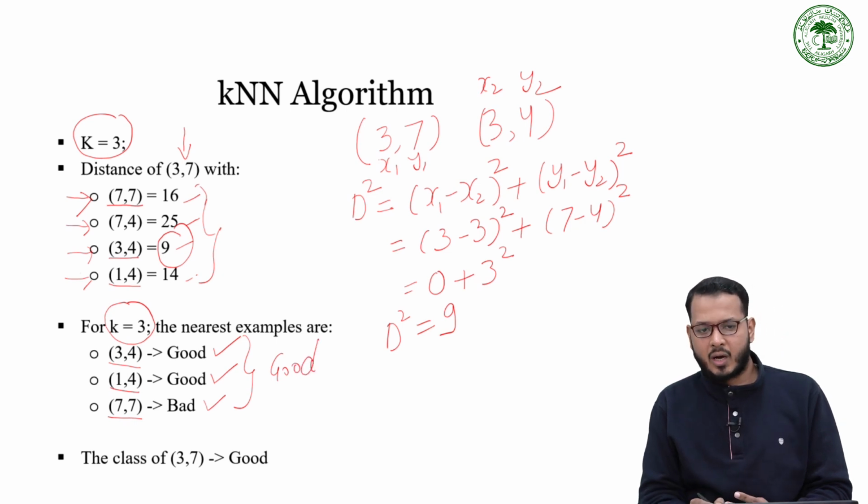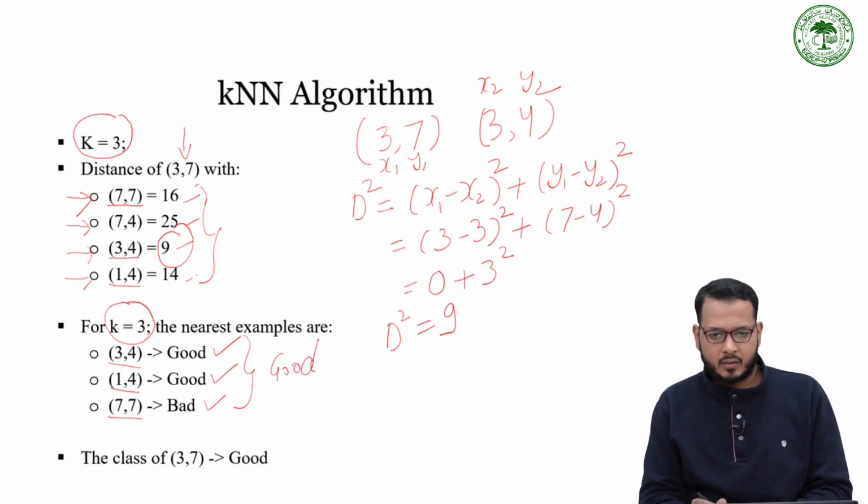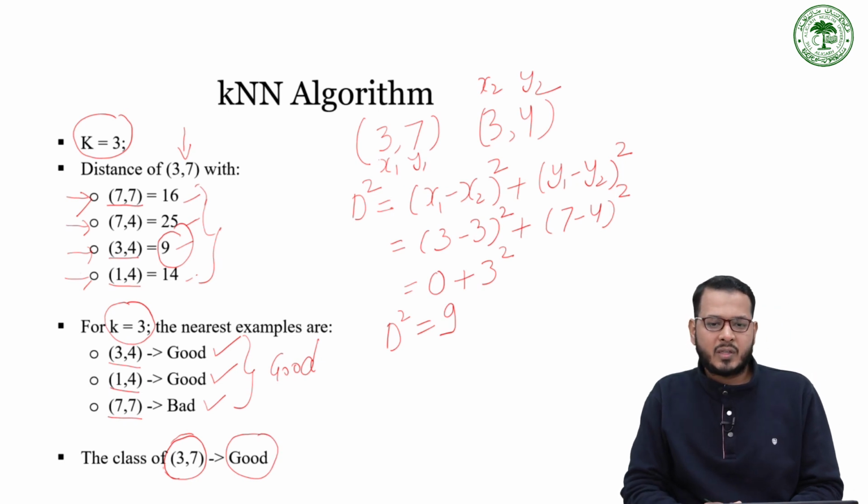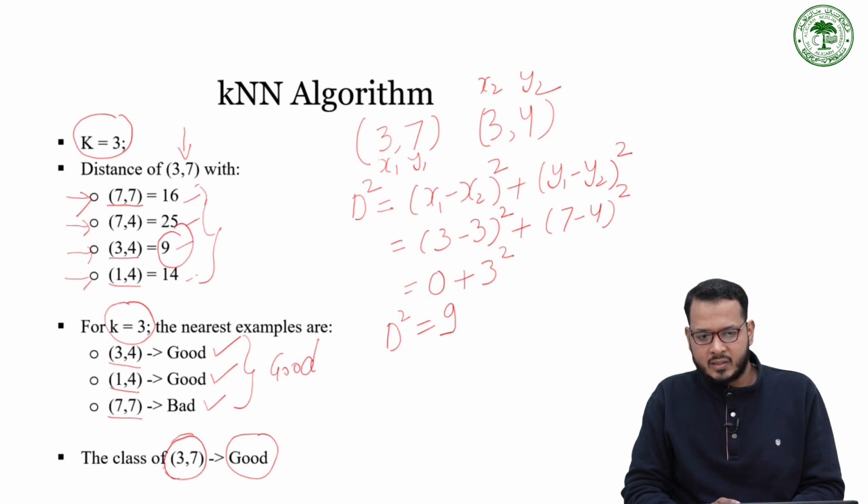Out of 3, 2 are good, 1 is bad. So I will assign my test sample 3, 7 the class good, because this is what the majority of the neighbors are telling me. So this is the KNN, the k nearest neighbor algorithm. It is very simple and very easy to implement.